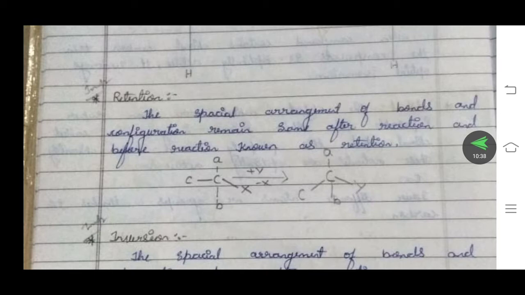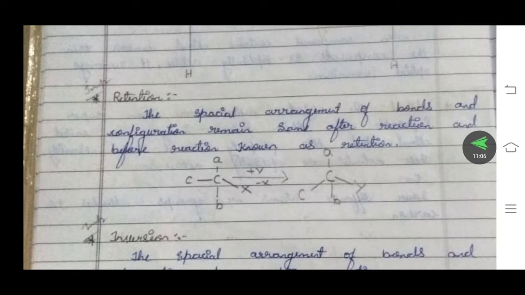If it is anti-clockwise, levorotatory. If a reactant gives dextrorotatory, after reaction it again gives the same rotation. The spatial arrangement of bonds also remains the same, and configuration also remains the same, known as retention.